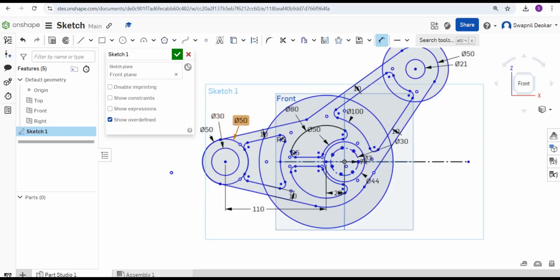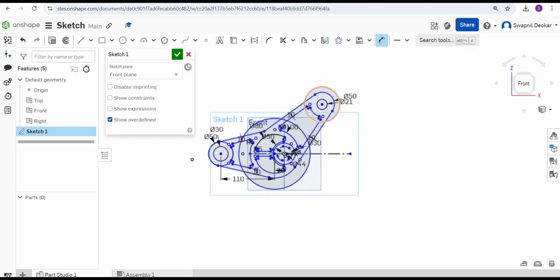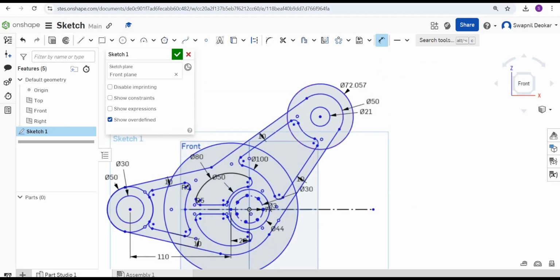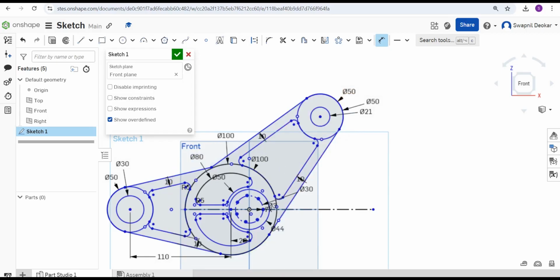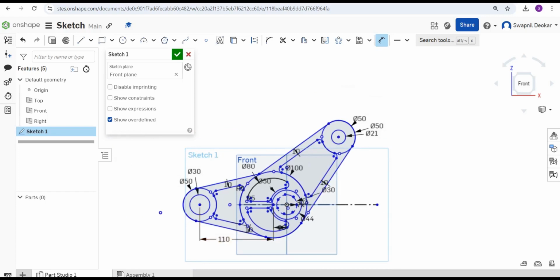Okay, now delete it. Next, its diameter is 50. Now let's delete it, and its diameter is 100. So delete it. So now this diagram is completed.